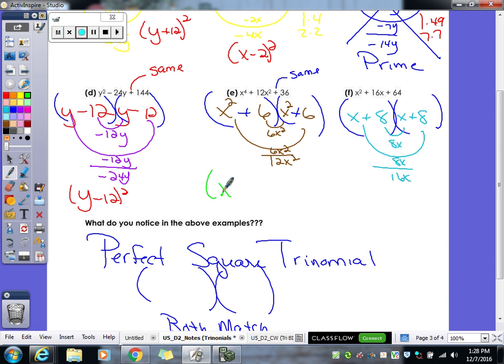Here, x squared plus 6 squared. And here, x plus 8 squared. They write it just one time with the square. It means the same thing. I've seen that more and more over the years with this new Common Core exam. They like those perfect square trinomials, and they don't write them the old-fashioned way. They write them this way. Okay.